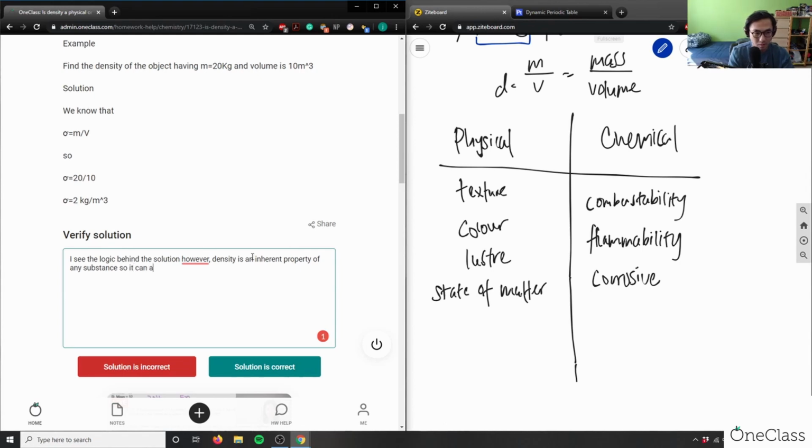So it can also be said that it is neither a physical nor chemical property. However, if I had to choose between physical or chemical, I would also say that density is a physical property. Okay, so that's question 2.